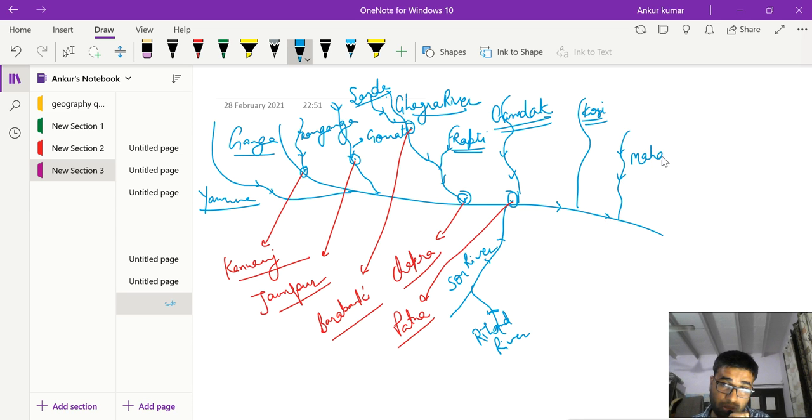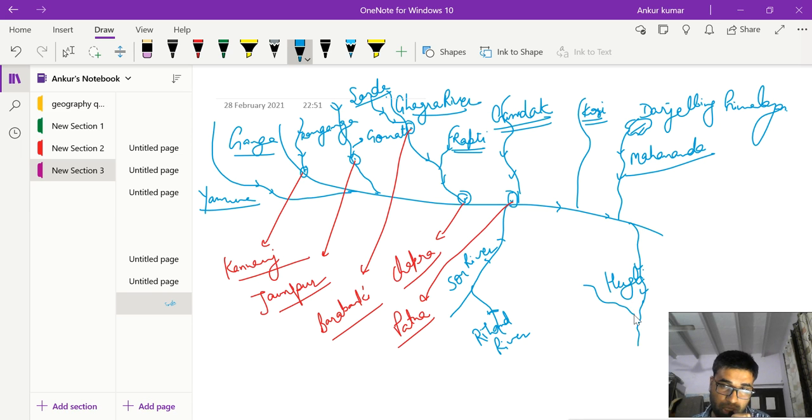This is Mahananda, originating from the Darjeeling Hills, Himalayas. Okay. After this, one river separates in the south, that is Hooghly River, and the tributaries of Hooghly are Damodar and Ajay.